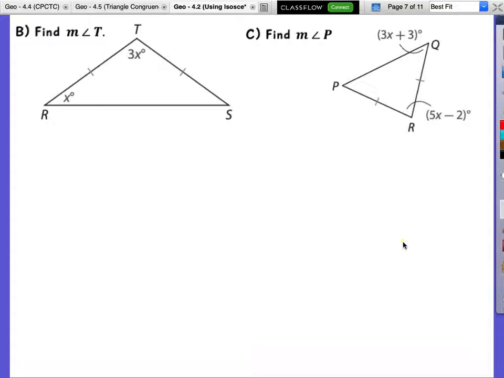So I like what you're doing. That's a good idea. The only thing is you don't know what this angle is number-wise, so I don't know how to find x. If we knew the number, that'd be great. Okay, what kind of triangle is this?